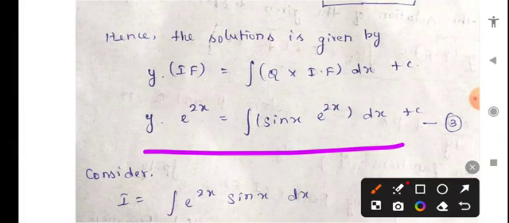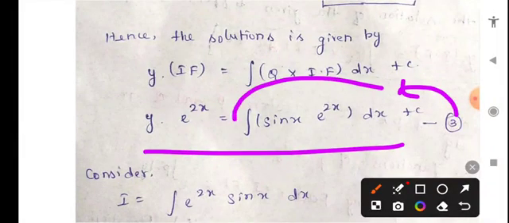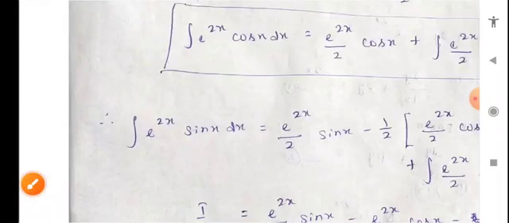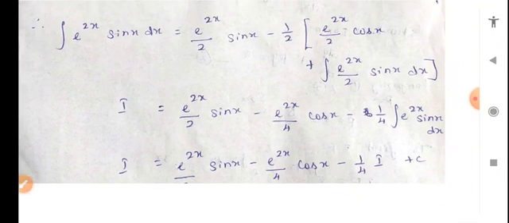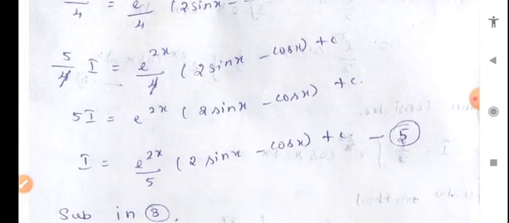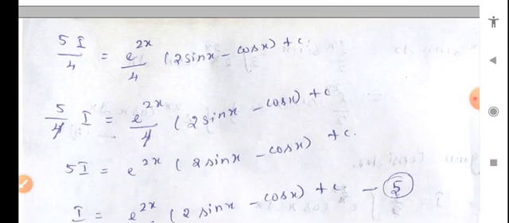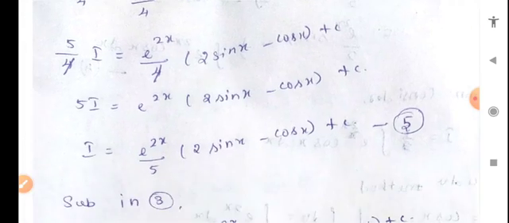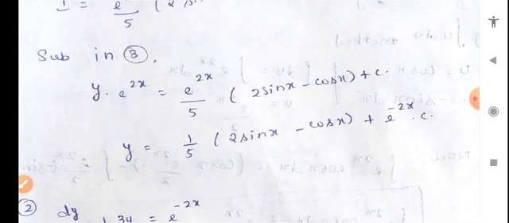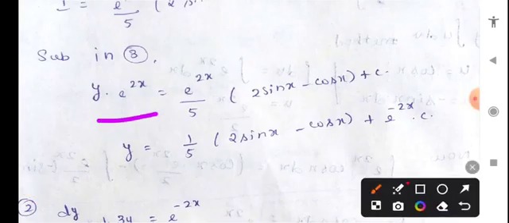Only this value we found, so instead of this we replace it with the given value. So equation number 3 becomes y into e power 2x equal to e power 2x divided by 5 into 2 sin x minus cos x.